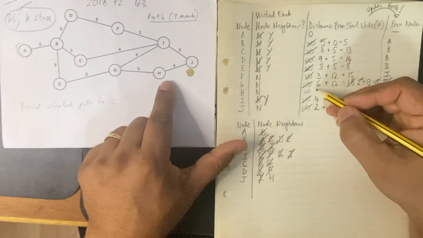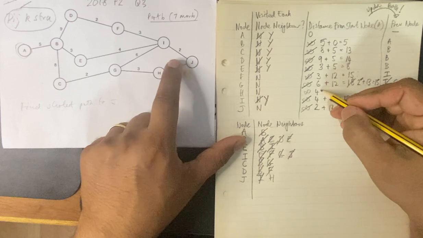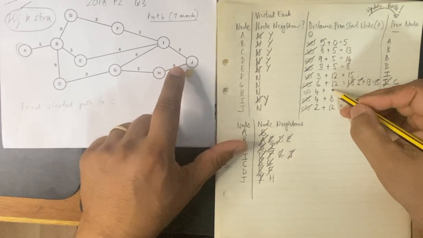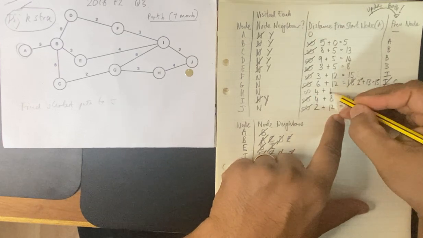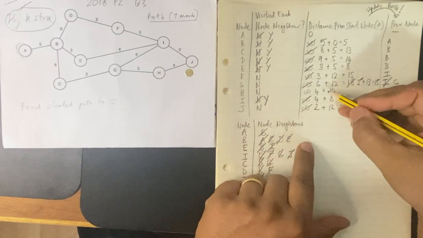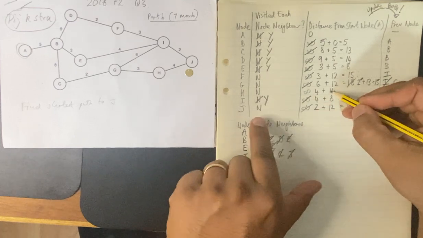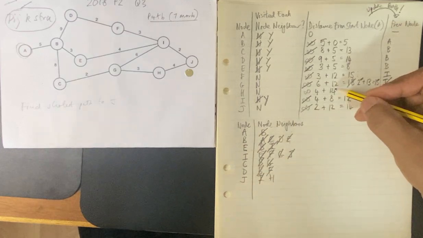So H is going to be 4, because we have to go through the node that we're looking at. 4 plus the distance of J to the start, which we can read off this row here, that's 14.